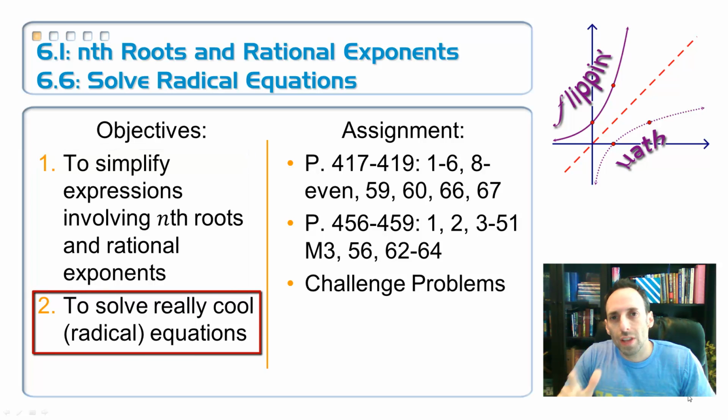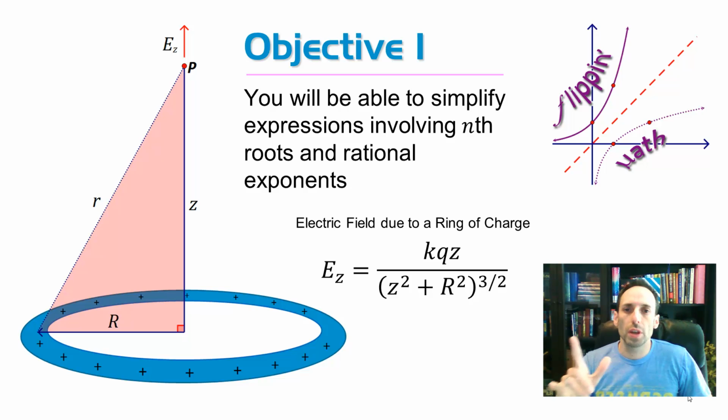And then our second objective comes from the second section there, 6.6, and it's about solving radical equations. Good times. Okay, so start us off with objective one, simplifying expressions involving nth roots and rational exponents.